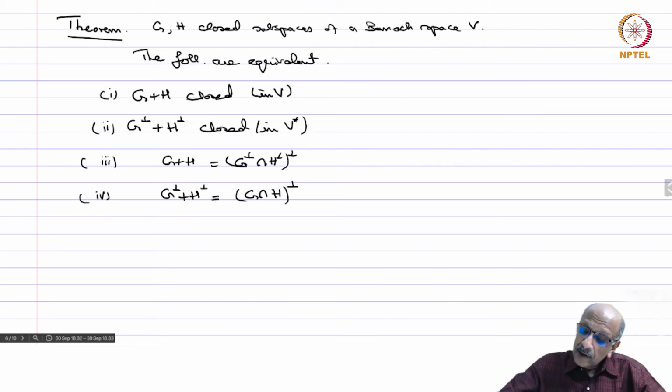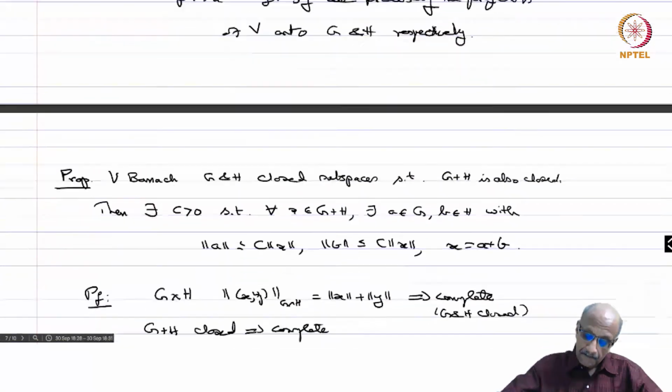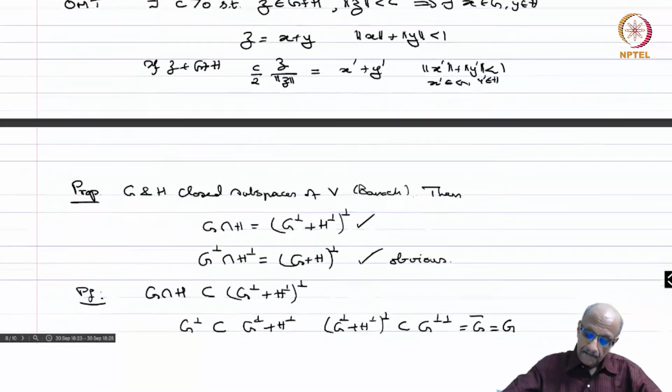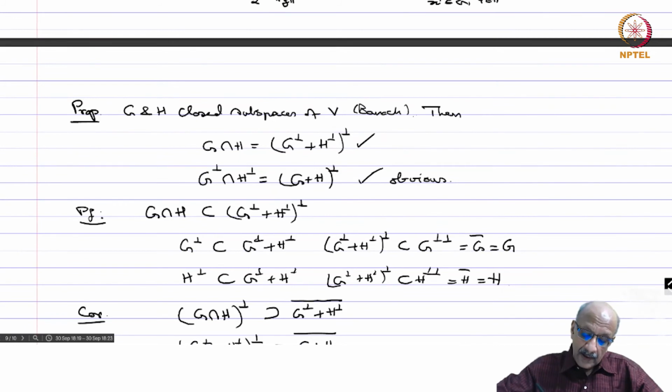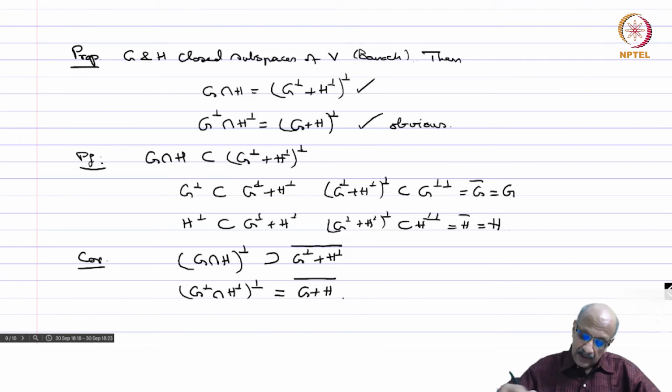Now we already know that G perp intersection H perp is G plus H perp. And then we had the further corollary that G perp intersection H perp, perp is G plus H closure.